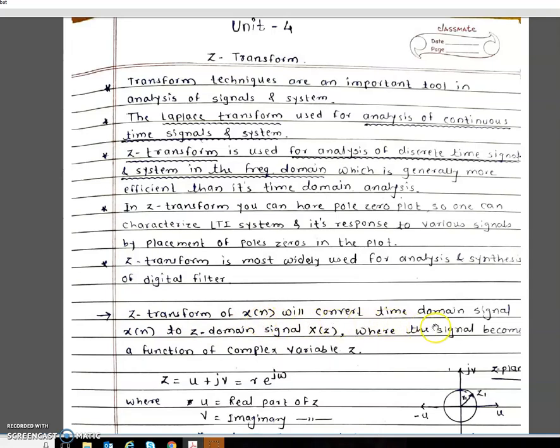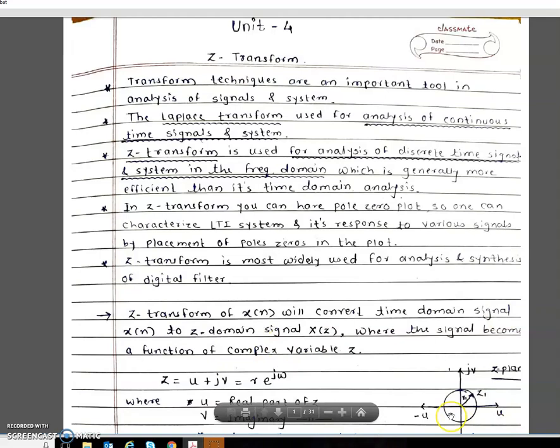We will convert the time domain signal x of n into the z domain, that is X of z, where X is capital and in x of n, x is small. Just keep that in mind. Whenever you have x of n, the Z transform of x of n is denoted by capital X of z, and z is a complex variable.